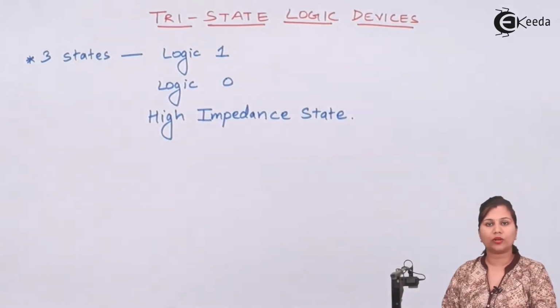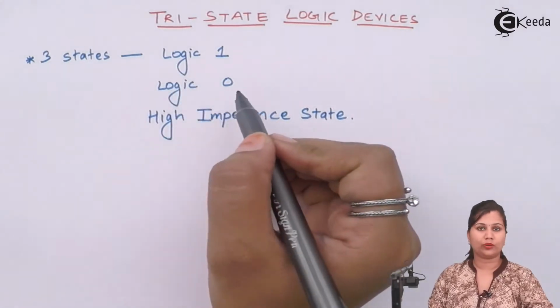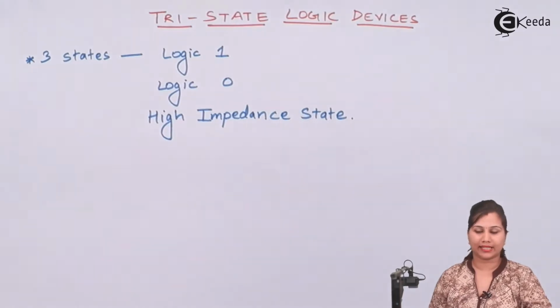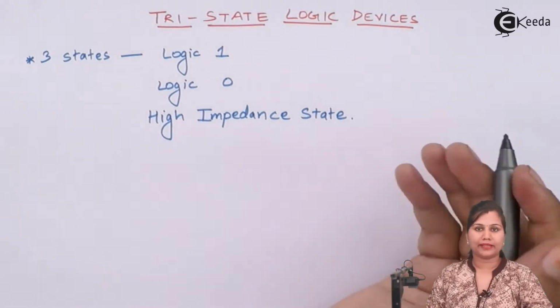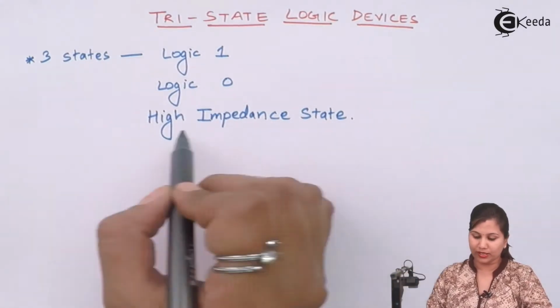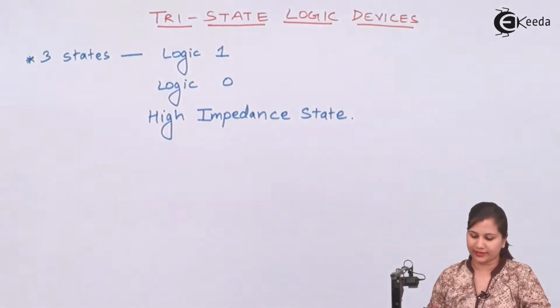As we see in the logic devices, logic 0 means the low level state, logic 1 means the high level state, and the high impedance state. Because of this extra state, these devices are known as the tri-state logic devices.